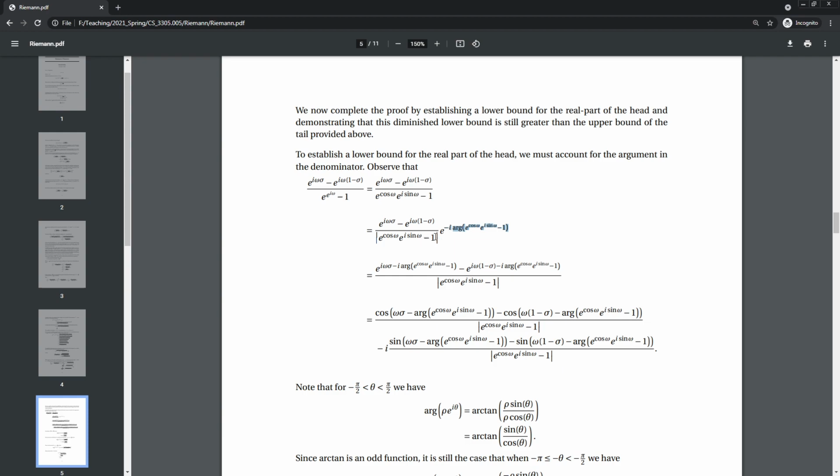So here it was e to the i theta, but because of the rules of fractions, because it was in the denominator, e to the i theta becomes e to the minus i theta, or in this case, e to the minus i times the argument of e to the cosine of omega times e to the i sine omega minus 1.